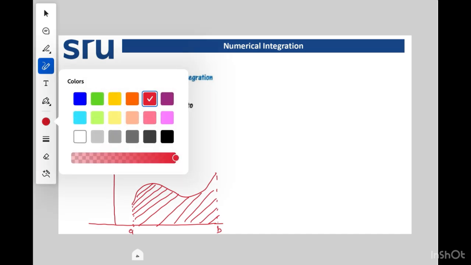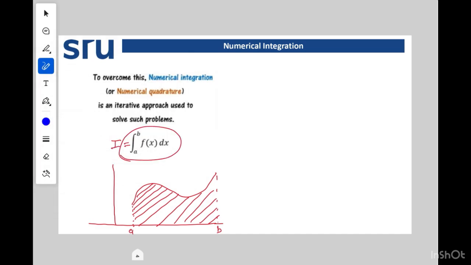Let us take another color and divide this interval. Here we have divided this domain into a finite number of equal subintervals.